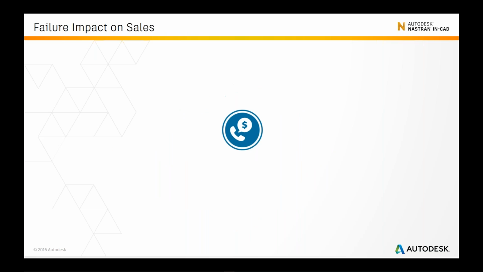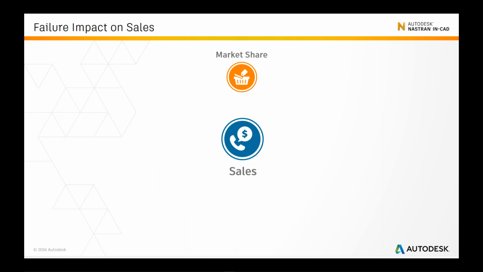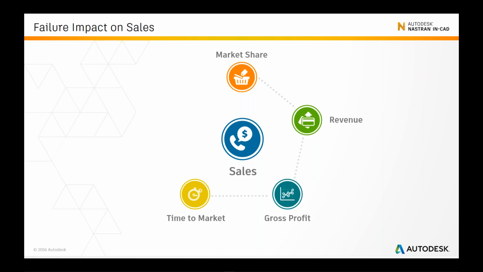Let's take a more specific example, on the sales side. Sales is often measured, and sometimes compensated, on things like revenue and gross profit. A machine failure in the field can have a negative effect on customer retention, revenue, and ultimately market share. Costly redesign and rework can drive up the cost of the project, affecting the gross profit.